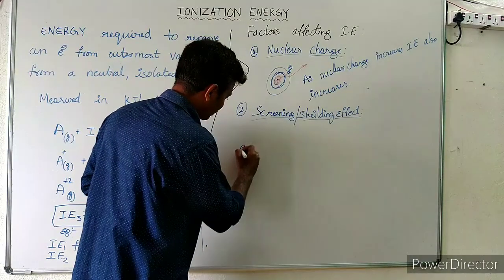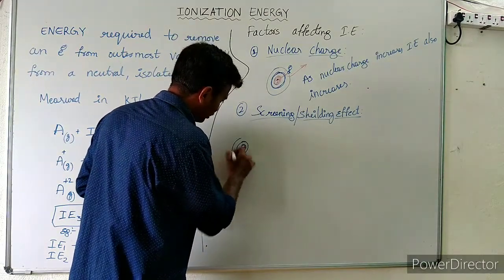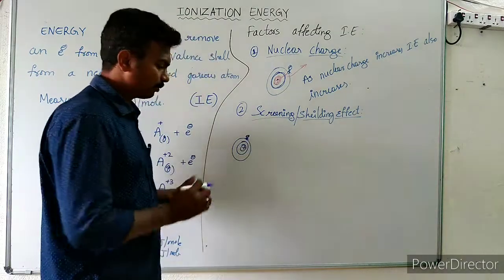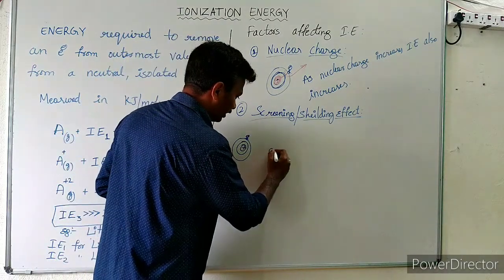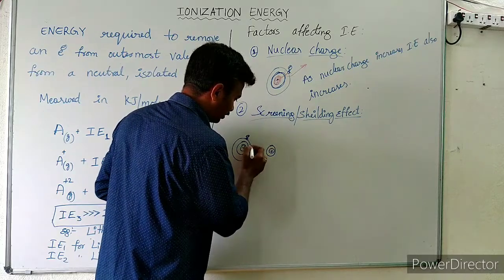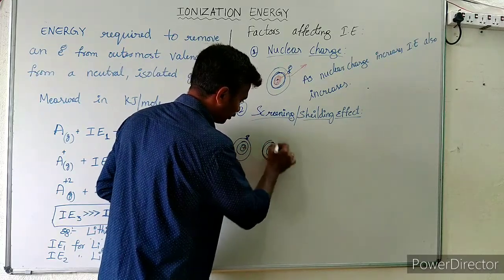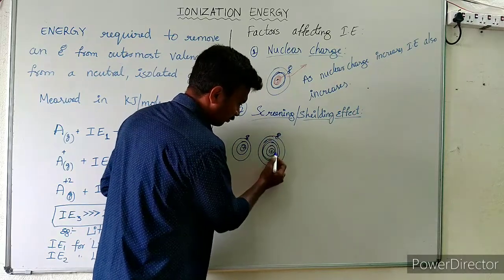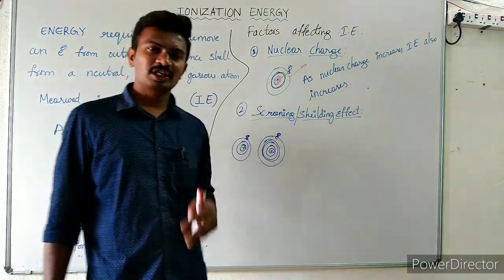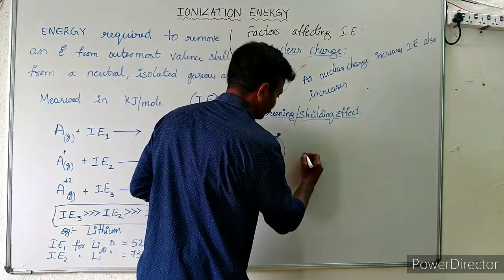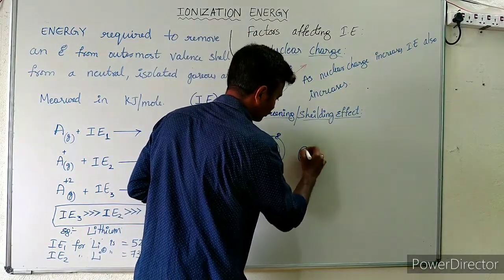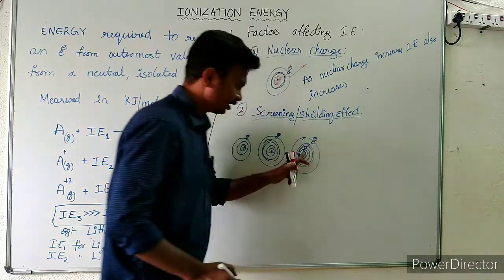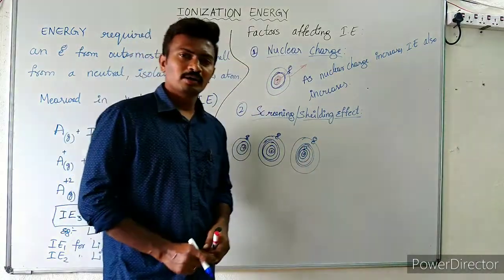Let us draw this diagram and see this. So this is the outermost valence electron. See here, 1, 2, 3, three shells are there. As the shell number increases, see here there are more shells.